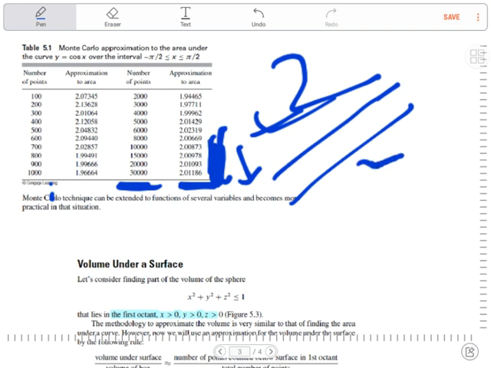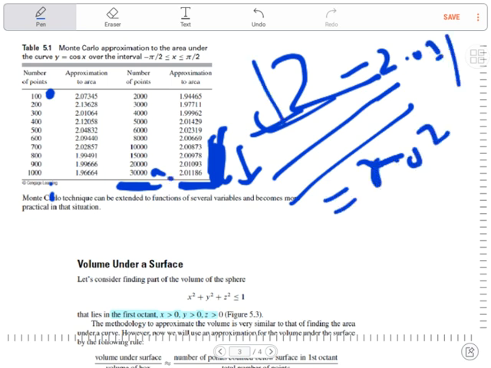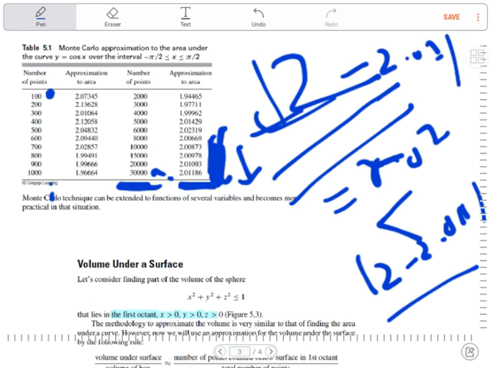Whatever, the main thing we are trying to focus on: if you consider 100 trials versus 3000 trials, you can easily see how much smaller the deviation is. Here it is 2.07, so the modulus of 2 minus 2.07 is 0.07, but here it is 2.011, which is much lesser, so a smaller error comes here.